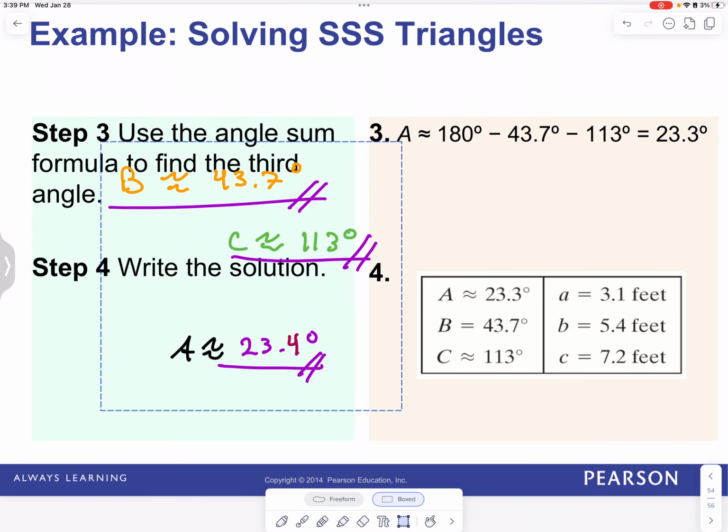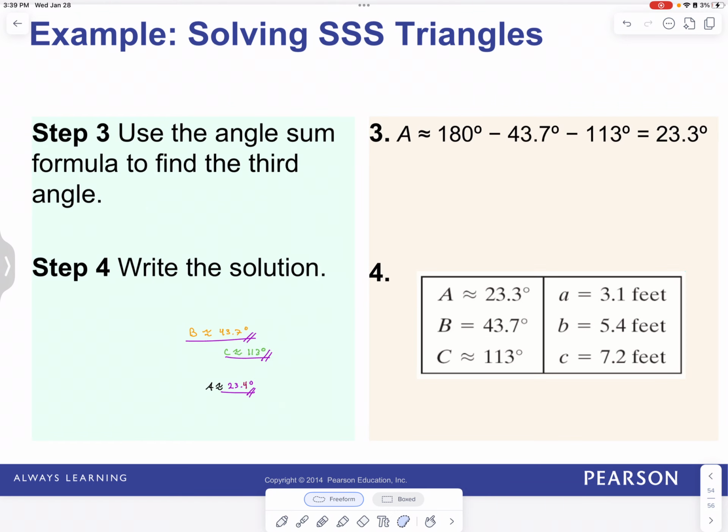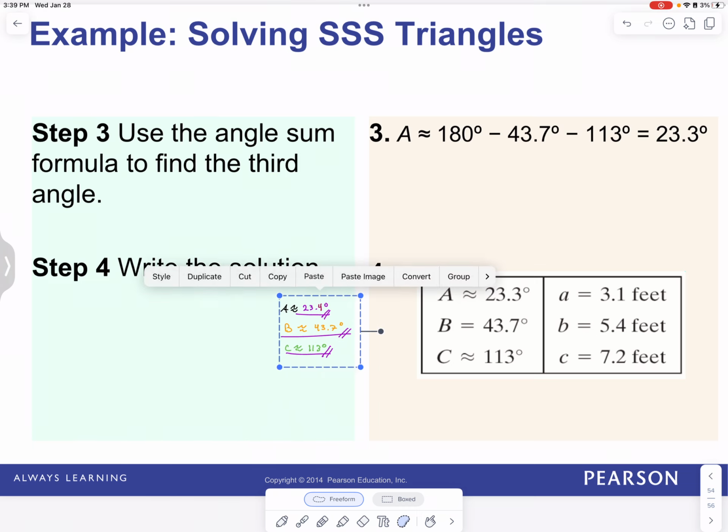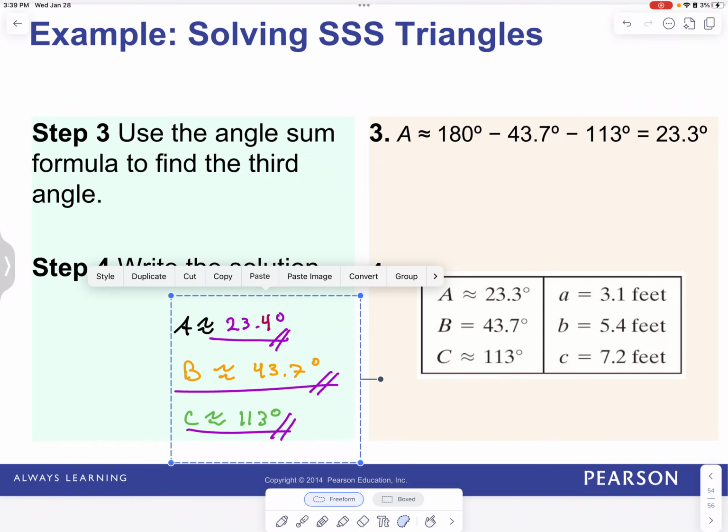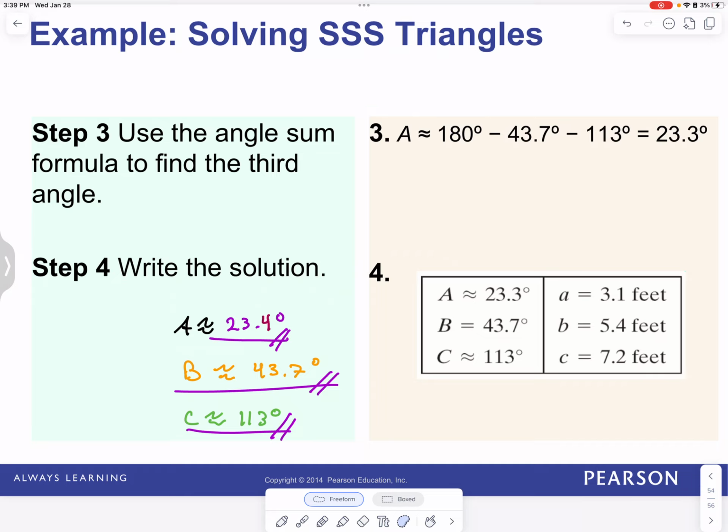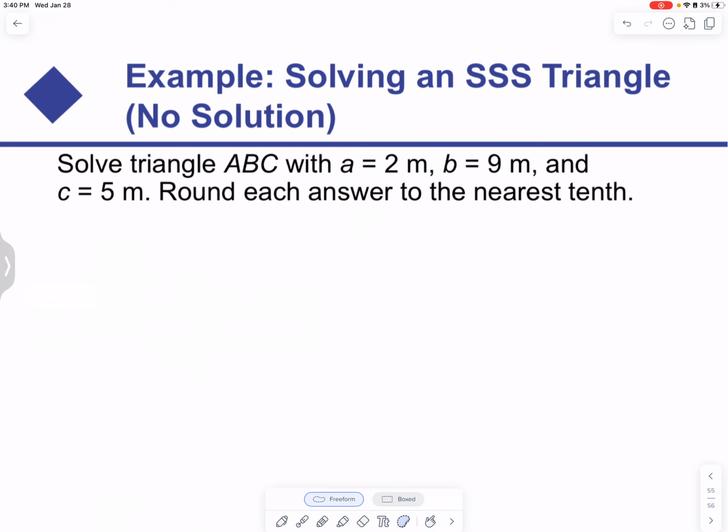Angle A, angle B, and angle C. The sides were given, so that's why I didn't bother copying those. A, 23.4, that's fine. B, 43.7, and C was 113. That was it. Oh, no, there is one more.